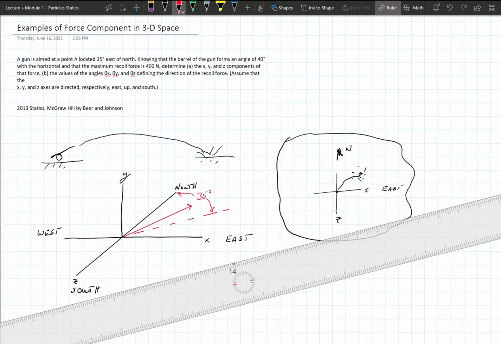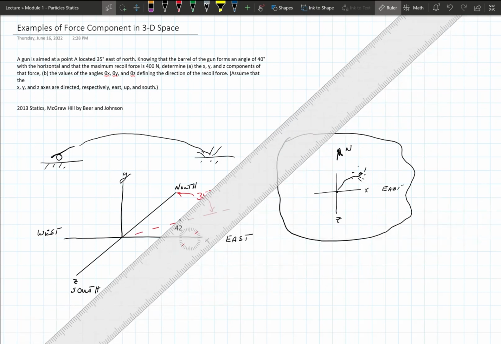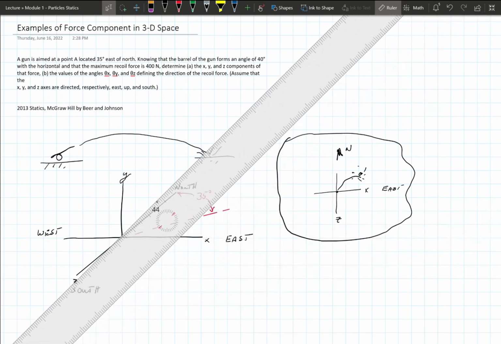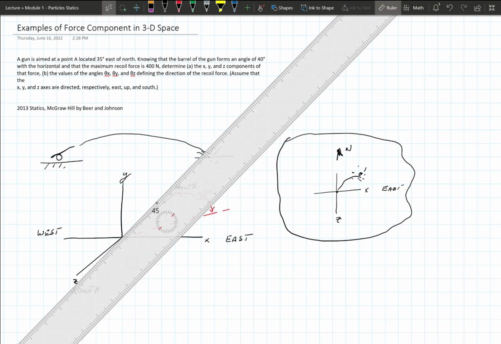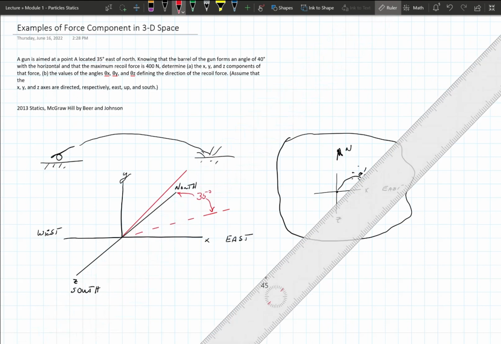Okay, and then we are 45 degrees, and it's got to go. I can't deal with that vector. We're going to deal with that, yes. And it's this angle here that's 45 degrees.